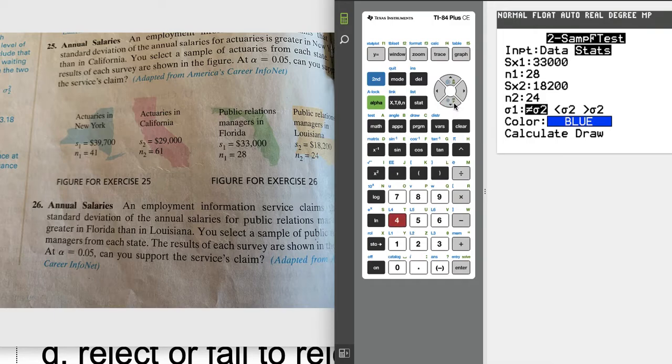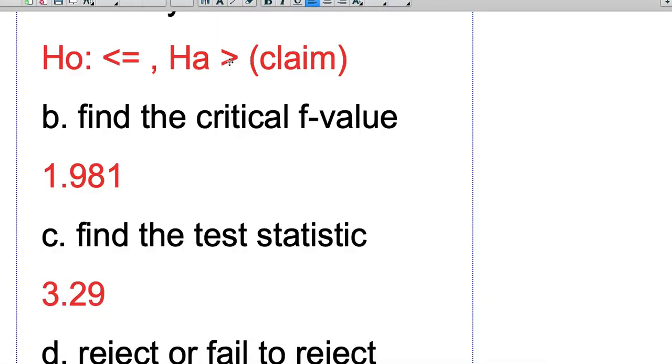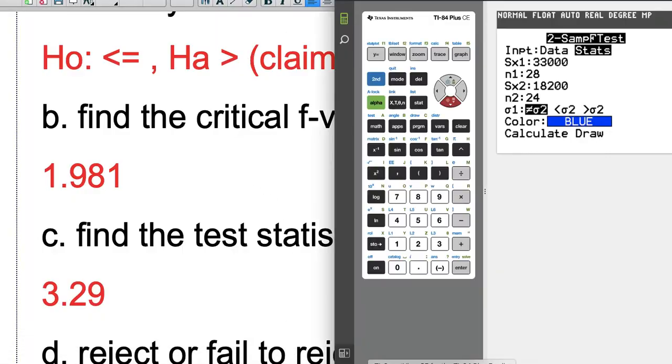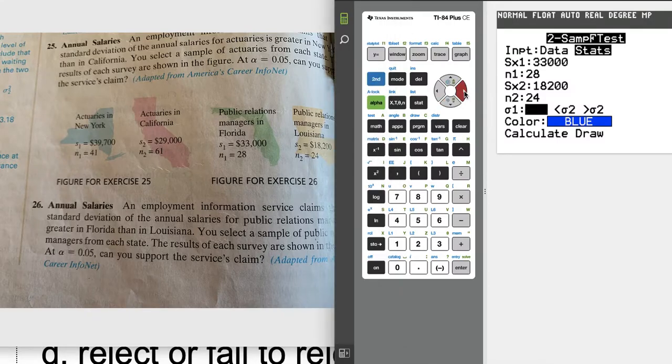Okay, and hold on. We need, yeah, okay, that's good. Okay, and we were right-tailed, correct? Okay, so I want to put in right tail. Bam!